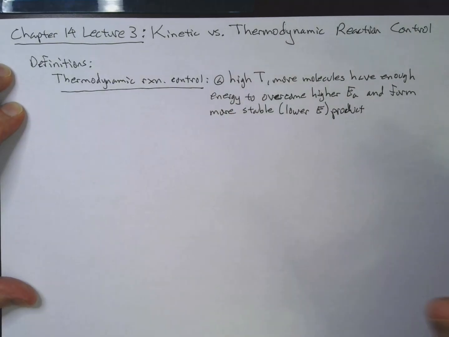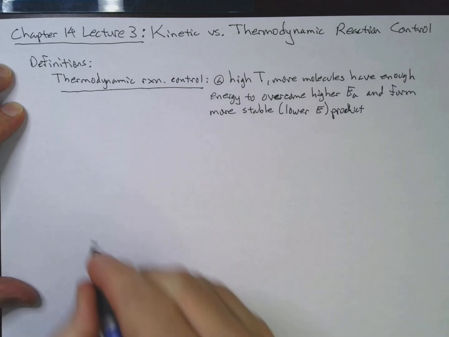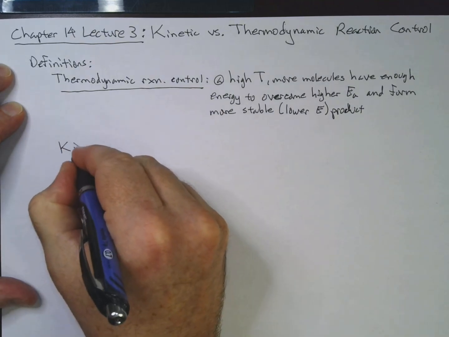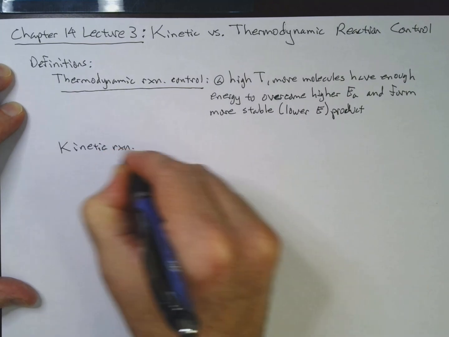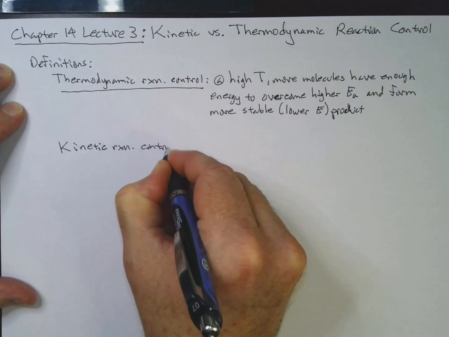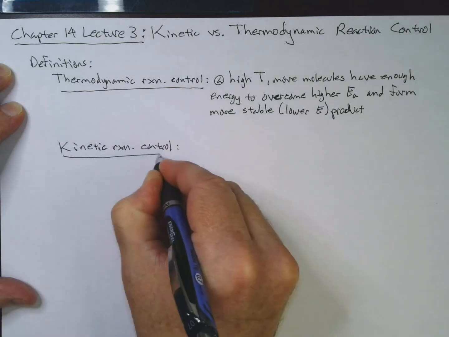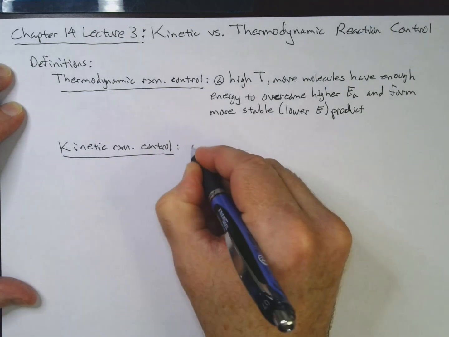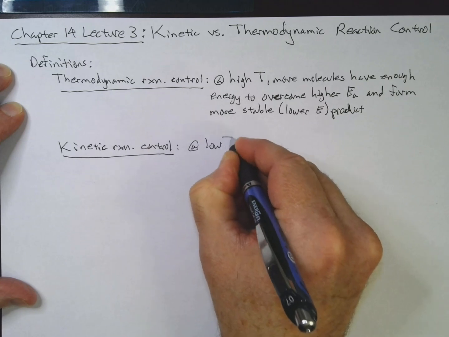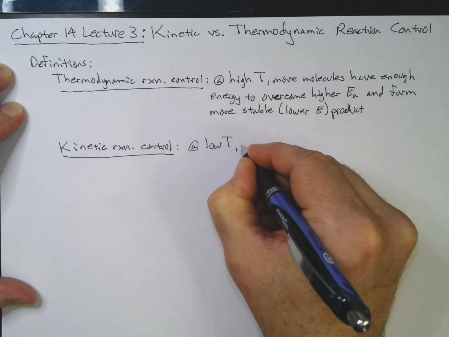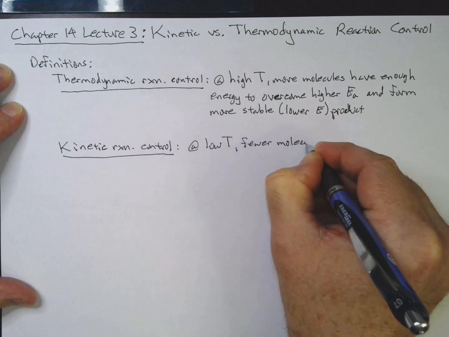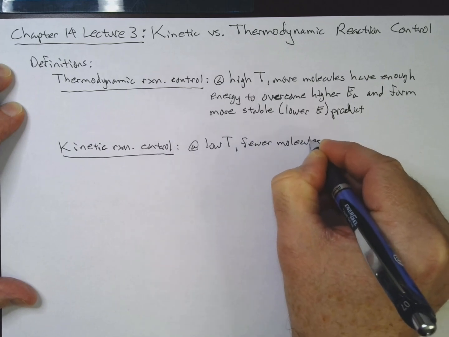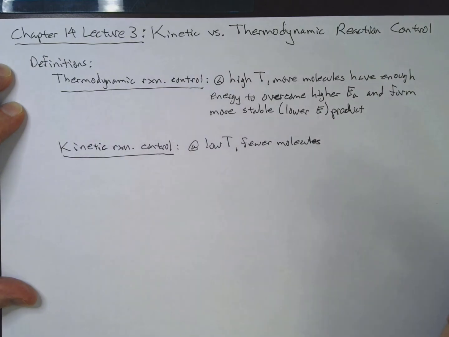The other type of reaction control is called kinetic reaction control. And this occurs at low temperature when we have fewer molecules that have enough energy to overcome activation energy.